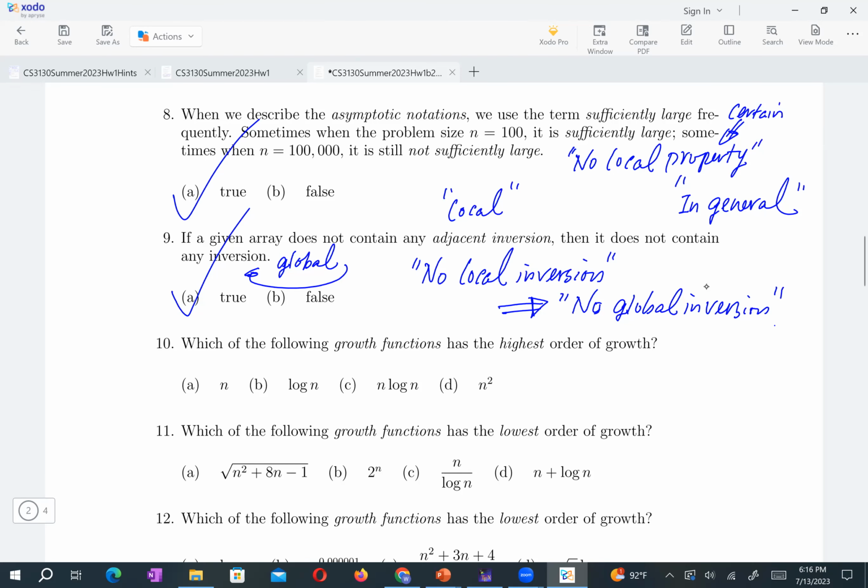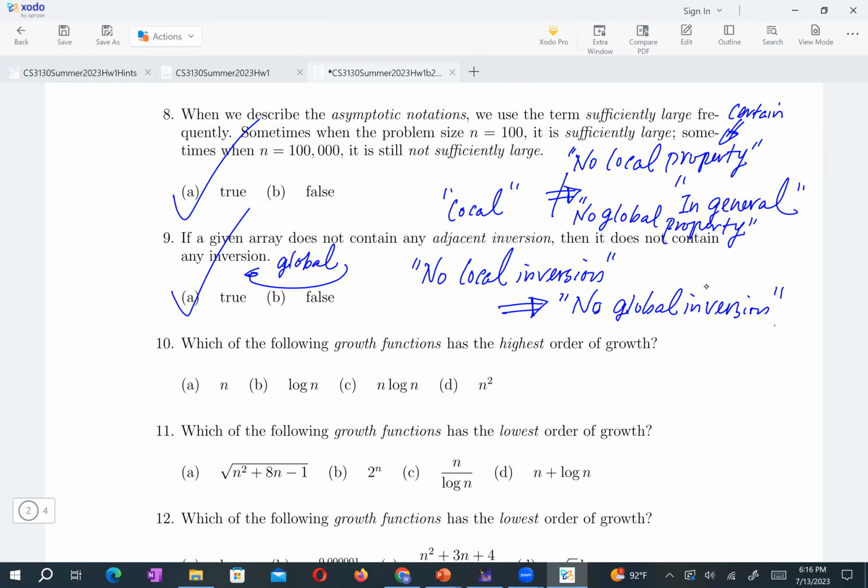No local property in general does not imply no global property.